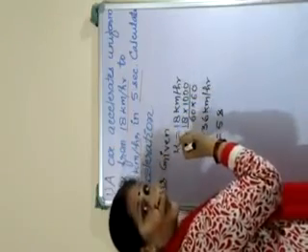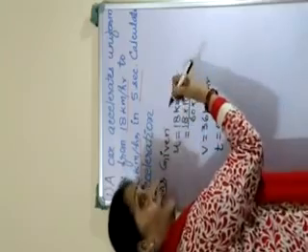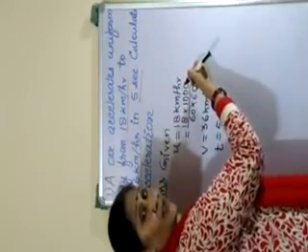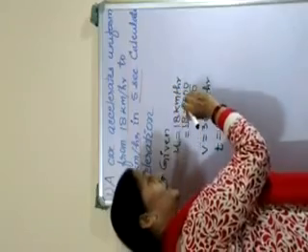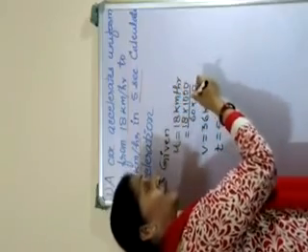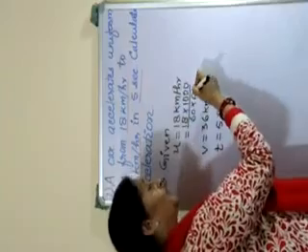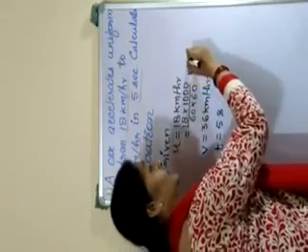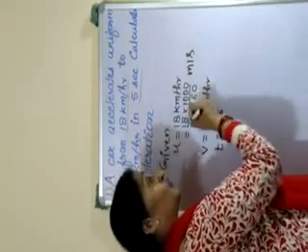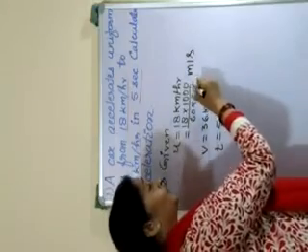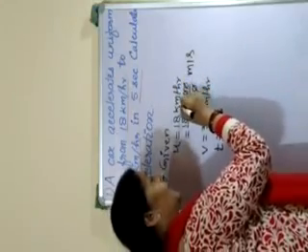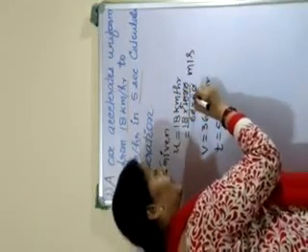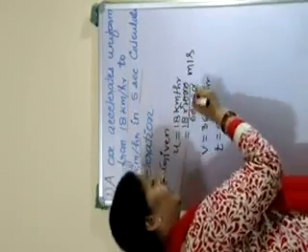Therefore, in the denominator we have written kilometer in meter and hour in second. Therefore, this is in meter per second. After calculating this, we will get what? Just cancel out.